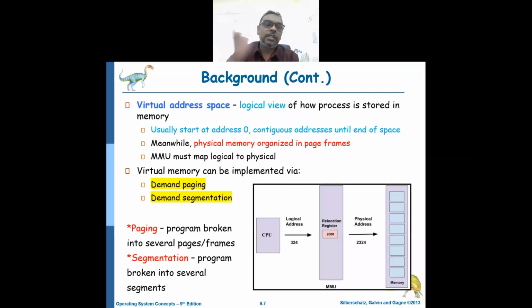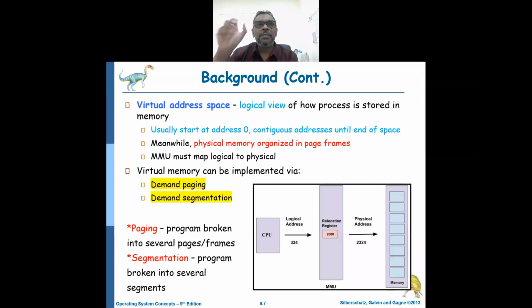In paging and segmentation in chapter 8, there is no concept of virtual memory. That means all of the pages and all of the segments are only inside the physical memory or your RAM. In chapter 9, when we implement demand paging and demand segmentation, the pages are not only in your physical memory or RAM, but also inside the virtual memory.